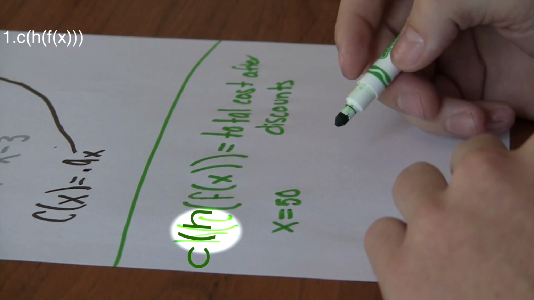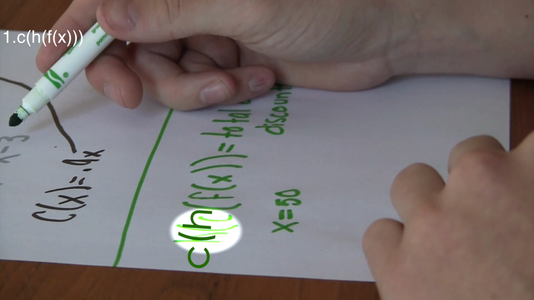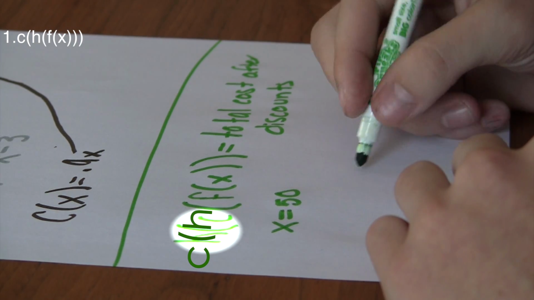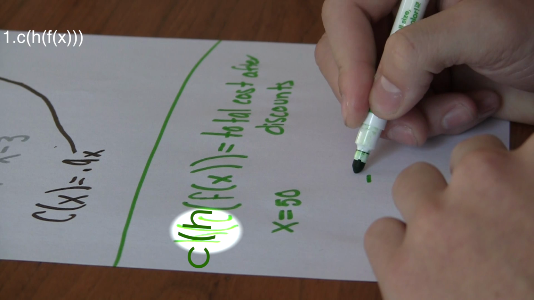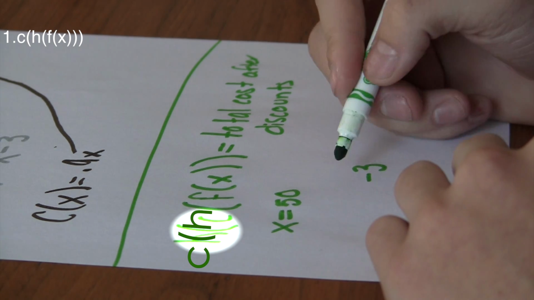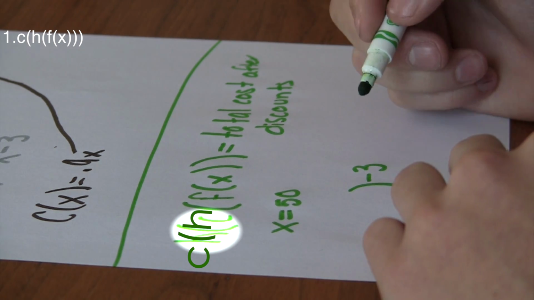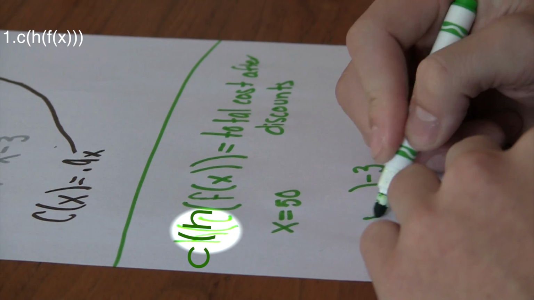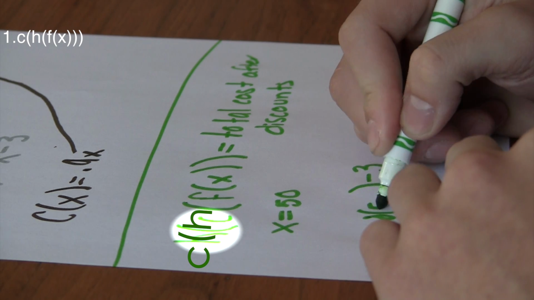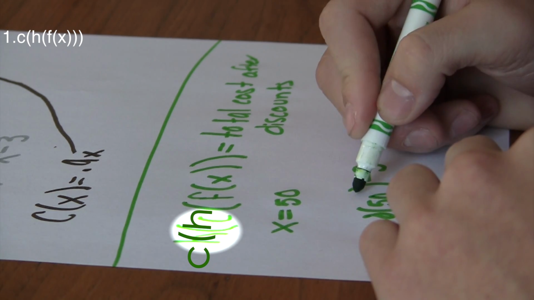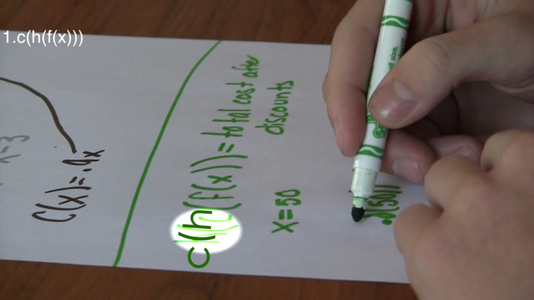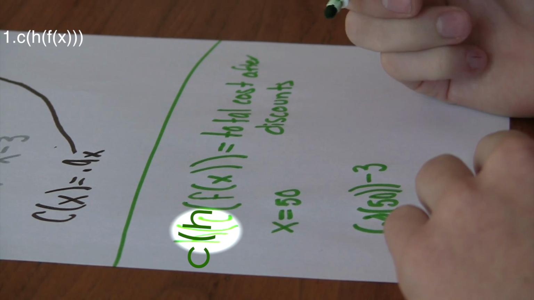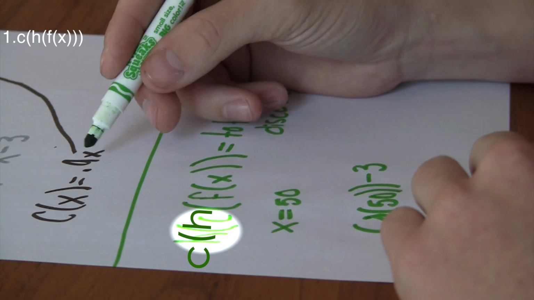And let's write this out. So h of x is minus 3. Since we're doing subtraction, it's going to go to the end, since we're doing that last. Then we need the f of x function, which is 0.8 times x. So 0.8 times 50. Close that. And then we have to multiply by 0.9.